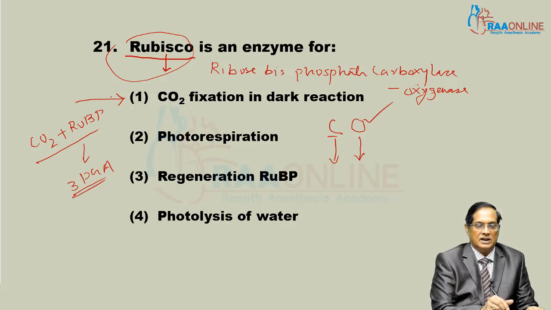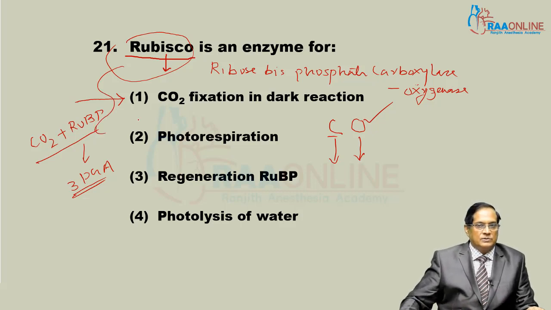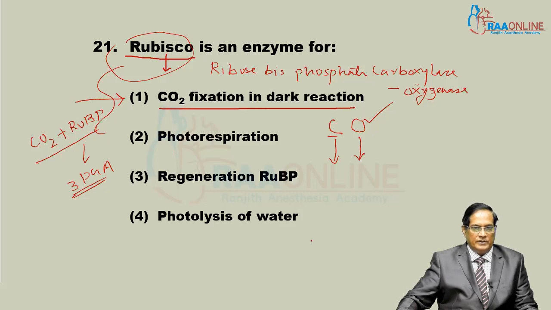This reaction is catalyzed by this particular enzyme. That's why the Rubisco enzyme is found in all photosynthesizing plants, and it is concerned with carbon dioxide fixation in the dark phase.